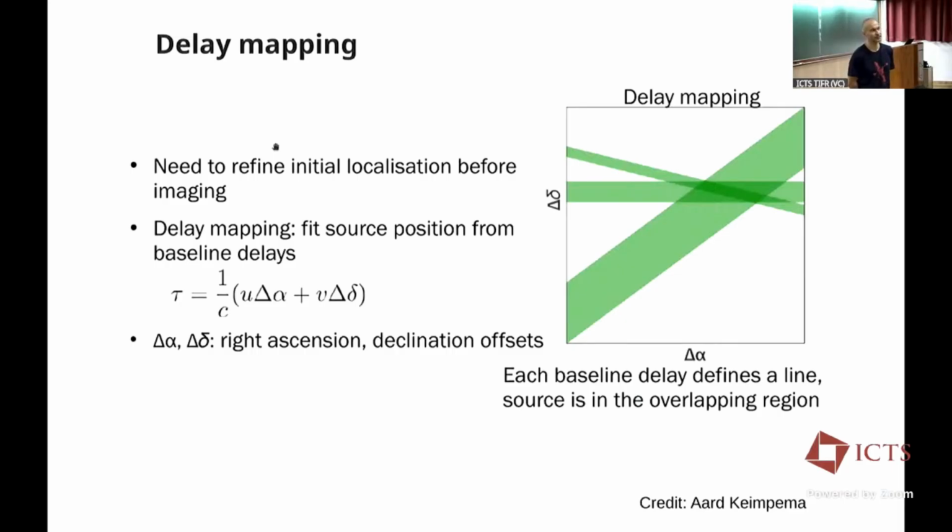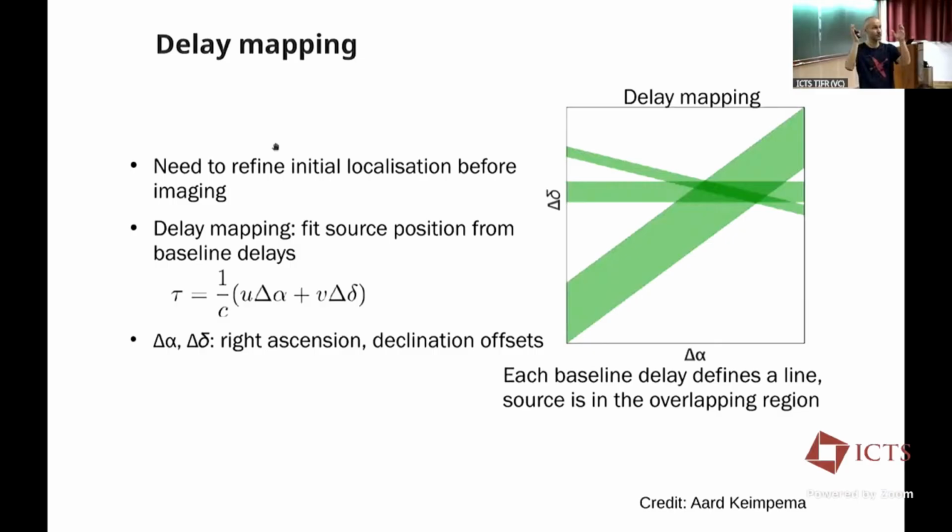You do this for the different baselines and different delays on the different baselines. If you then plot this up, for a particular delay you get a certain region where your FRB could be. And if you have several baselines, these will cross in a particular region, and in this region, more or less, you will have your FRB.